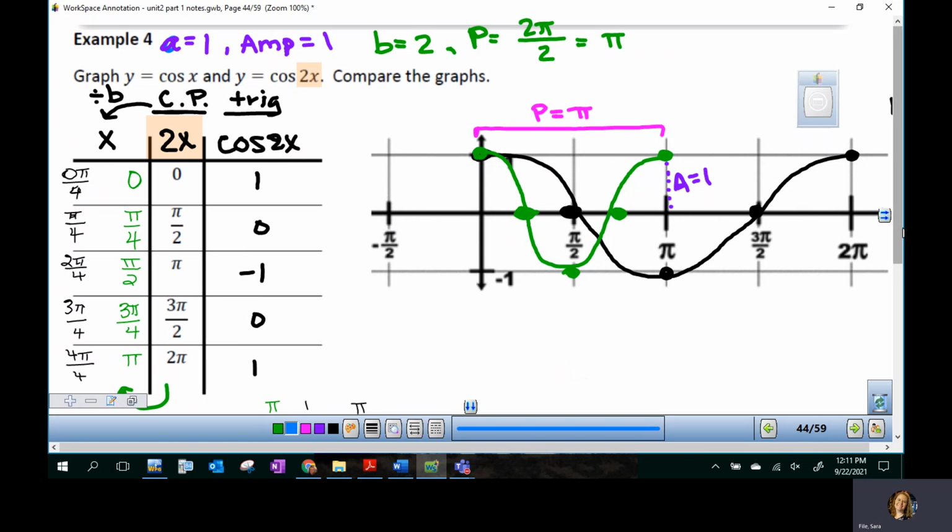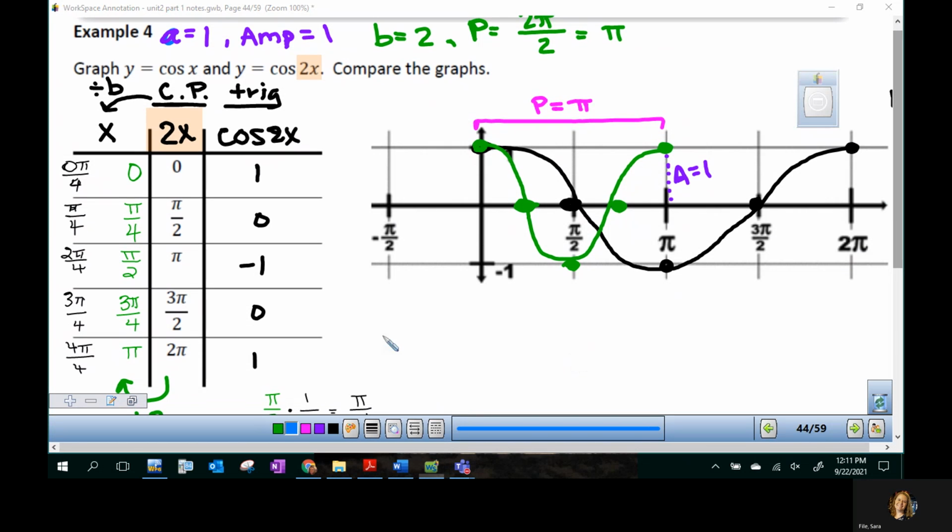What type of transformation took place? How would you describe that? Black is the original, green is the new. It compressed in what direction?